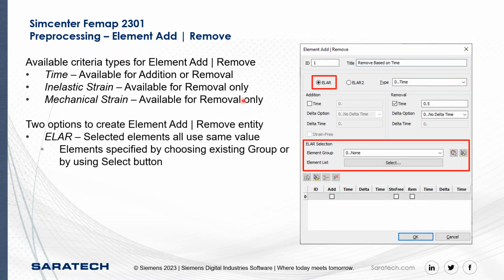There are two options to create the element add remove entities. The first one is the ELAR option shown here, and you would use this when all of the elements have the same value, or you have an existing group that you could name here, or you could select elements using the select element button.